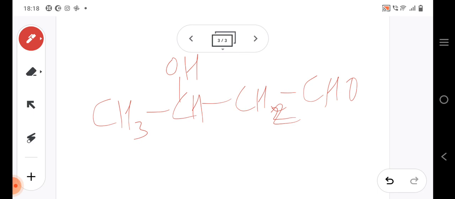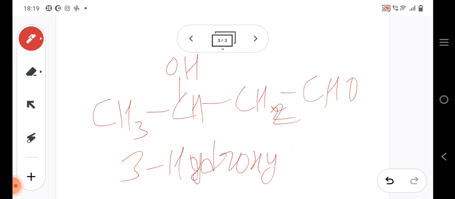If I name this compound, it will be 3-hydroxy, and because there are 4 carbons, butanal. So this is what self aldol condensation looks like, and it's a very simple process.